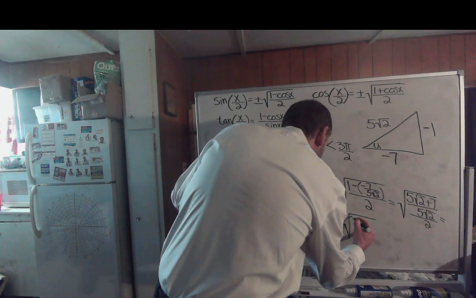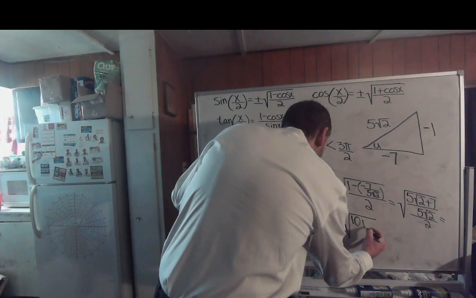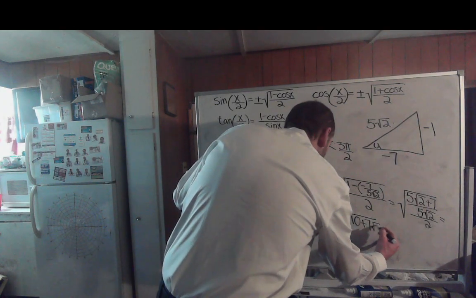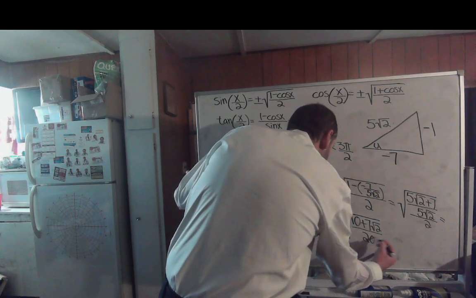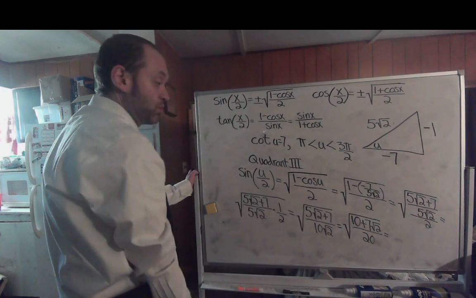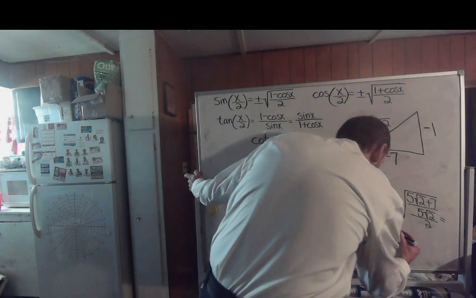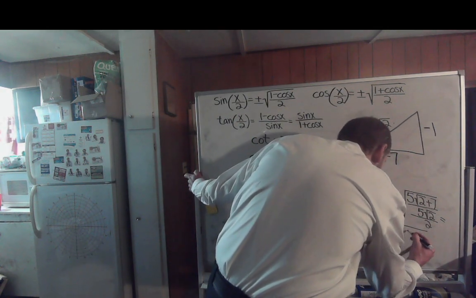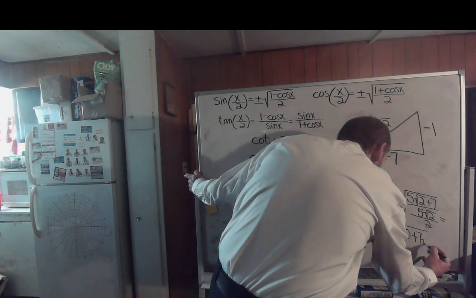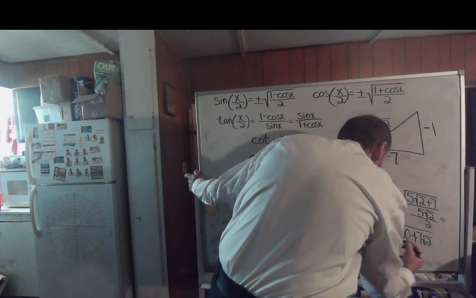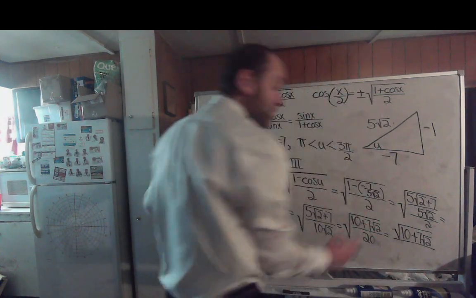let's see, that'd be 10 plus 7 times the square root of 2, all over 20, which for the final answer would end up giving you the square root of 10 plus 7 times the square root of 2, all over, what's the square root of 20?